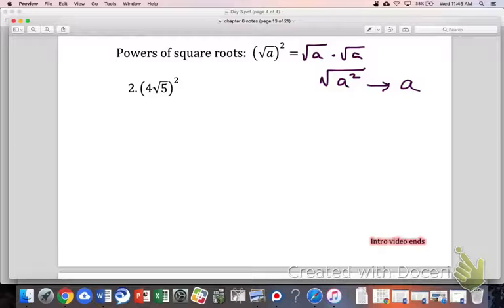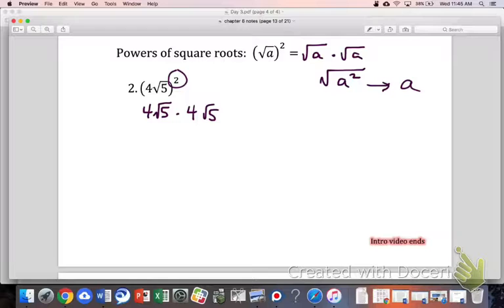Let's see if we can apply this. Number 2 is 4 times the square root of 5, squared. We can expand this and write it as 4 times the square root of 5, times 4 times the square root of 5. That's what squared means. Then I multiply these out like we learned in the previous section.